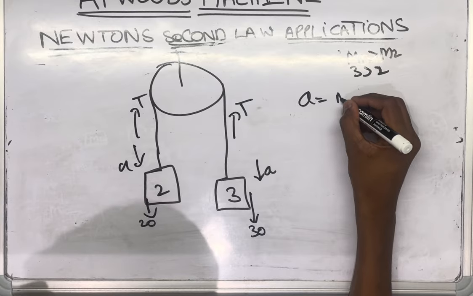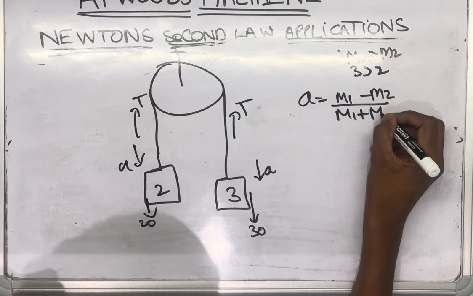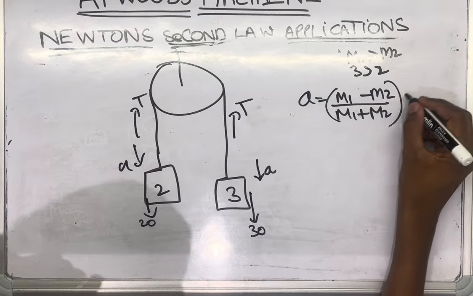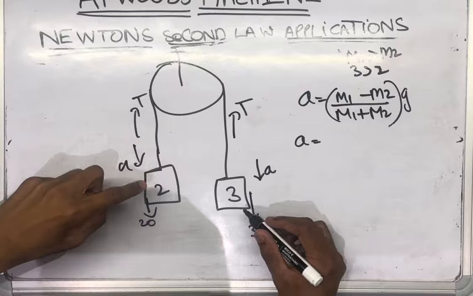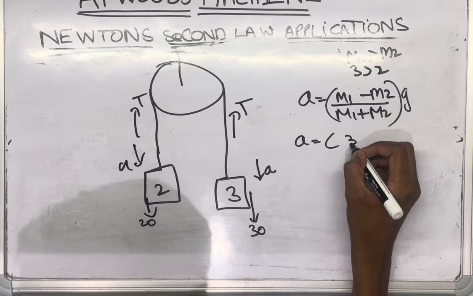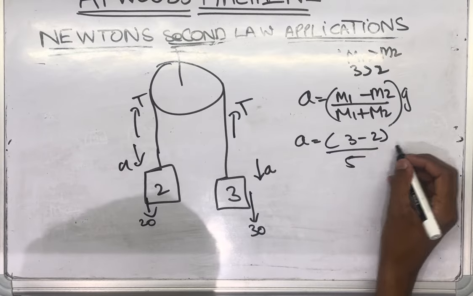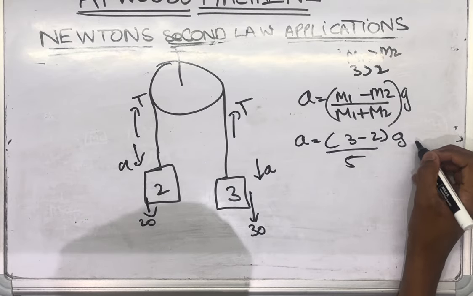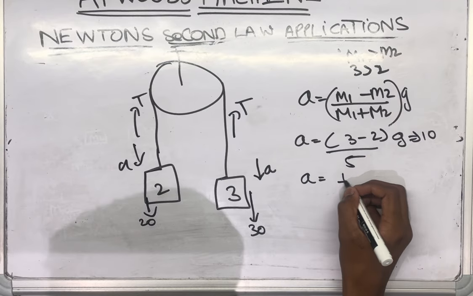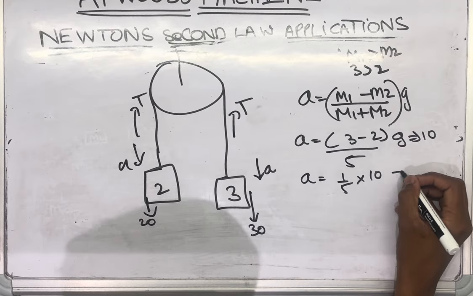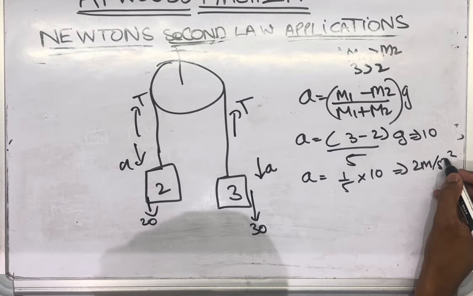Acceleration is equal to M1 minus M2 by M1 plus M2 into g, right? A is equal to 3 minus 2, which is 1, by 3 plus 2, which is 5, into g. g is nothing but 10. So a is equal to 1 by 5 into 10, which is equal to 2 meters per second square. So we found out acceleration.